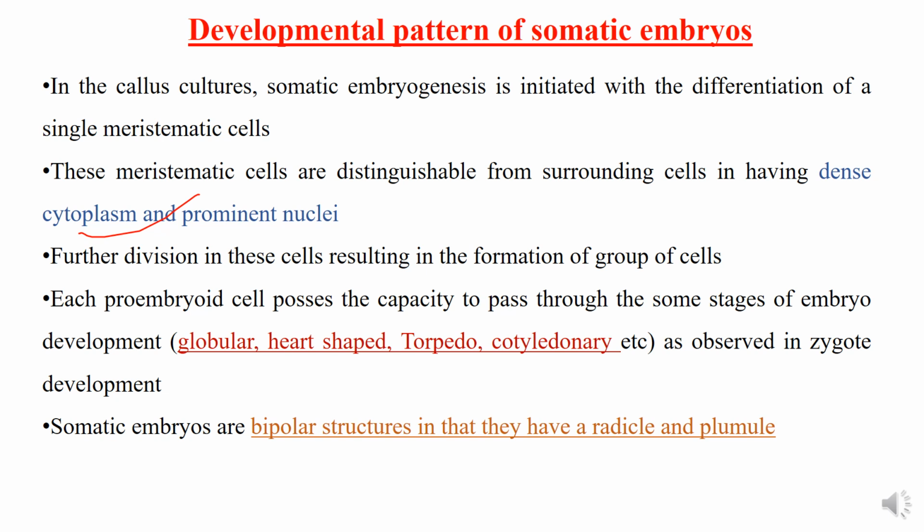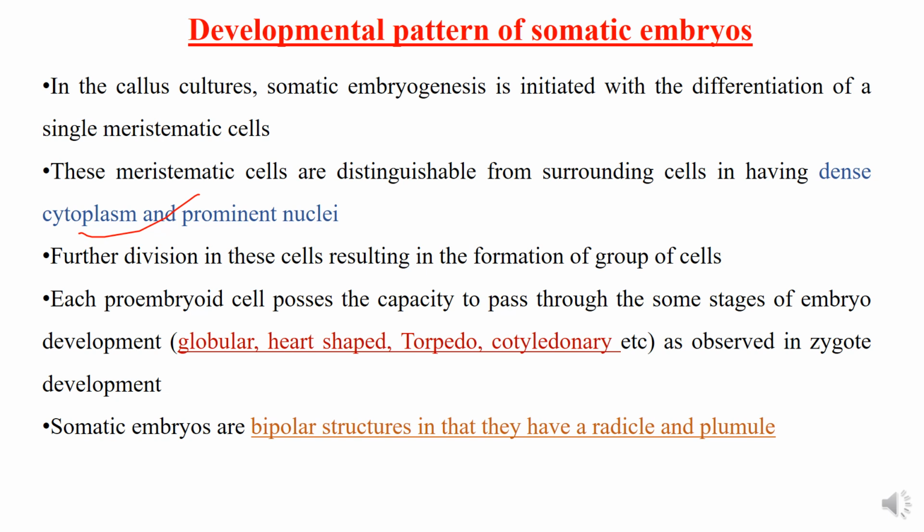We can see those prominent nuclei. So what is the difference between these meristematic cells which are going to form a callus? They will be very dense in cytoplasm with prominent nuclei, and this is the difference from the surrounding cells.